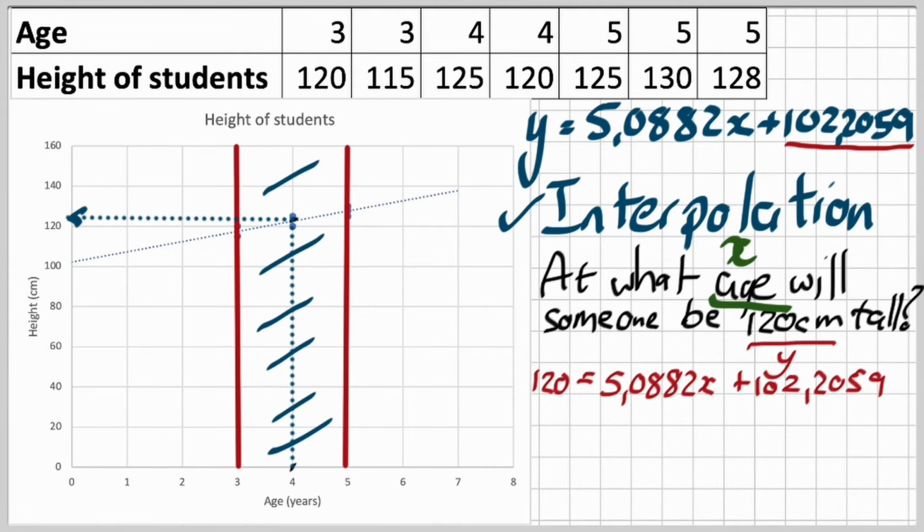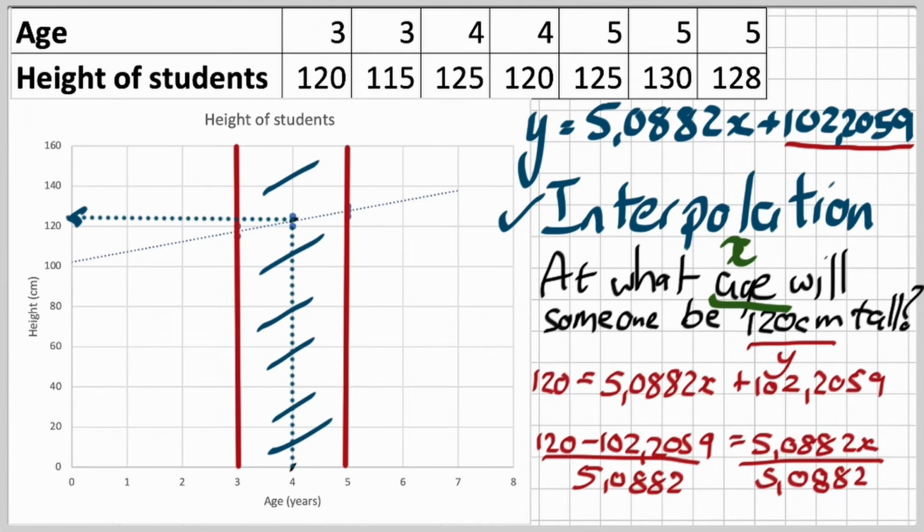What I want you to do for yourself is solve for x. First of all, I'm going to subtract 102,2059 on both sides. I'm going to divide by that slope, and my answer is then x is approximately 3,5 years. Let's just check. Is it between 3 and 5? Yes. So I've got that feeling in my bones that I can trust it. As simple and as easy as that.